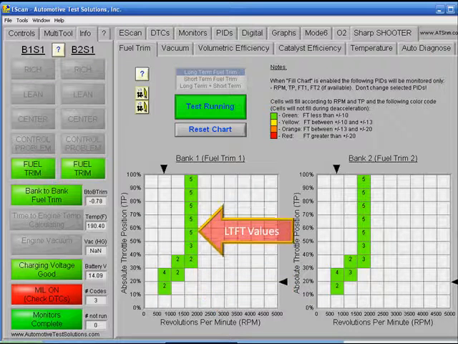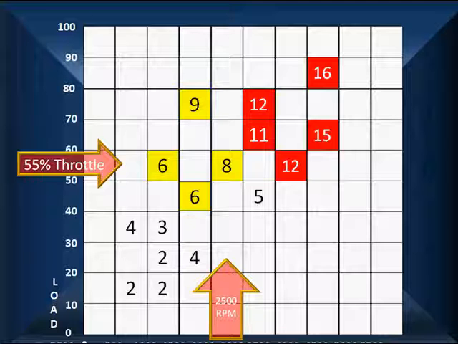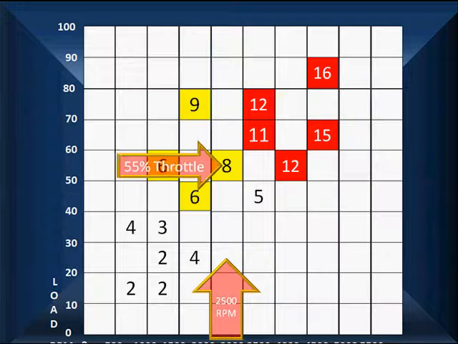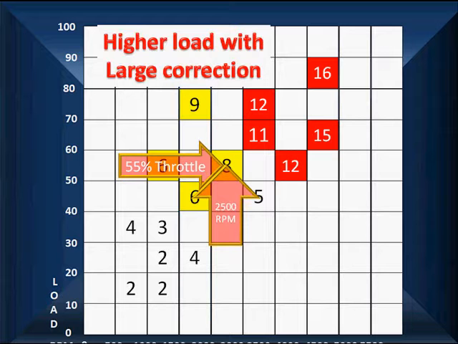So our long-term values are going to be read in these boxes. Those are the cells we went through on this particular test drive. Now look at this test drive. Over here at 55% throttle with RPM at 2500. At the higher loads, we start getting into problems.